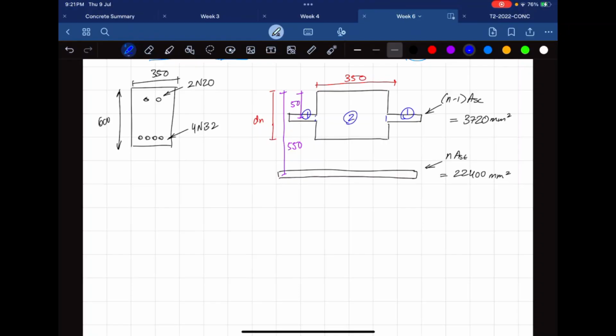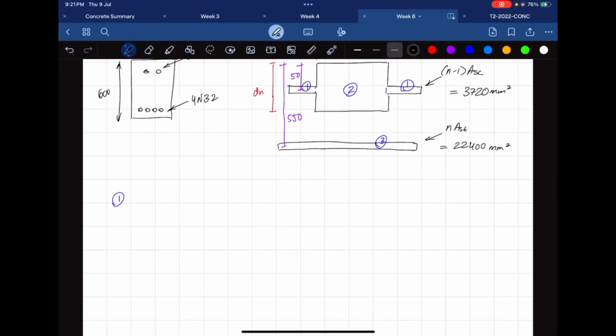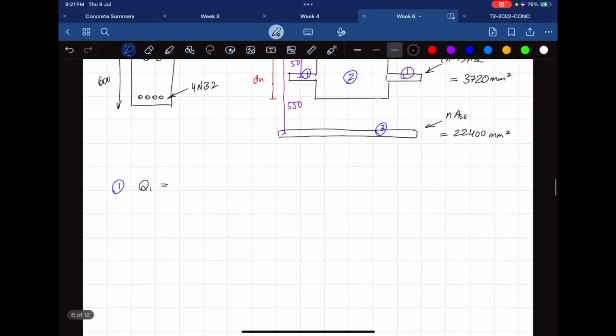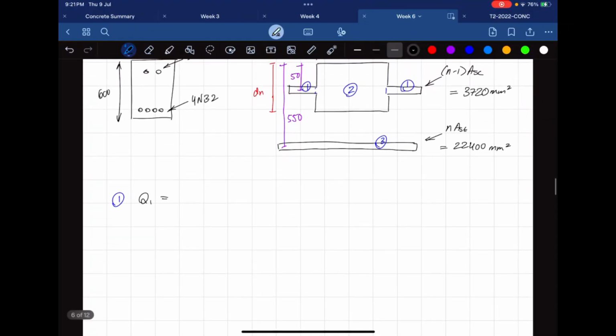Component number 2, component number 3. So for component number 1, I'm using the second method by the way, I'm not doing the first way, it takes too long. Q1 is going to be equal to n minus 1 ASC times dn minus dsc, which is 3720 times dn minus 50.